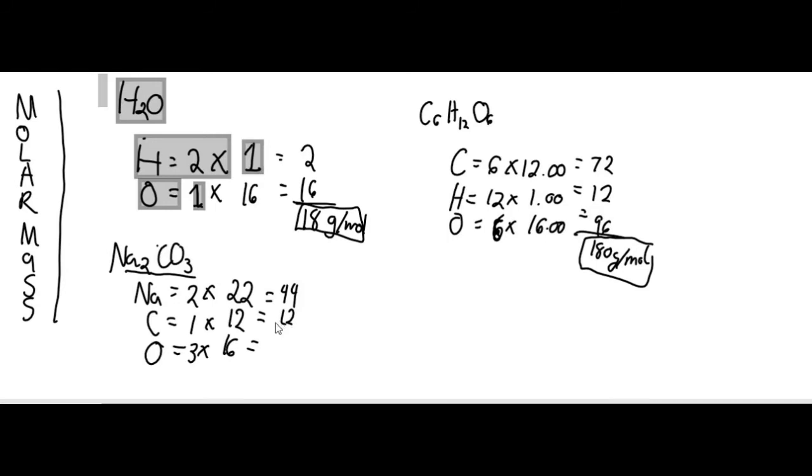So, 16 times 3 equals 48. So, let's add them all together. 44 plus 12 plus 48 equals 104 grams per mole. There you go. You have that.